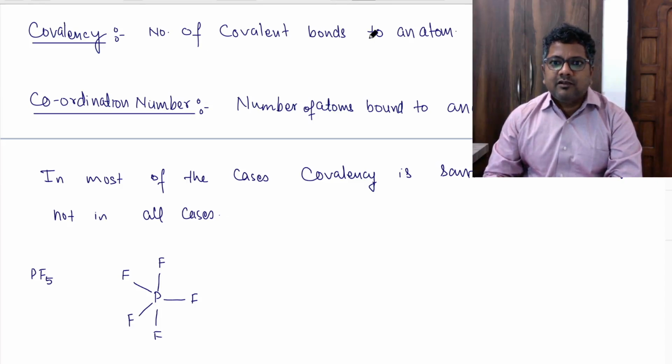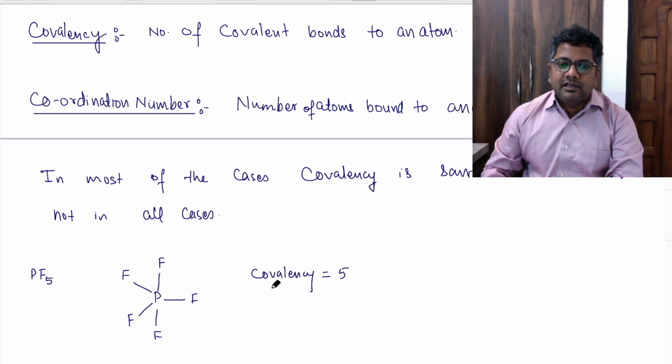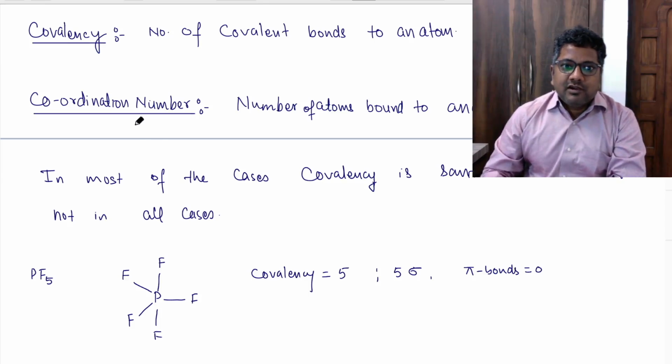Number of covalent bonds. So how many covalent bonds are there? 5. So the covalency is 5, right? How many sigma bonds are there? All are sigma, 5 sigma. Number of pi bonds? 0, right?